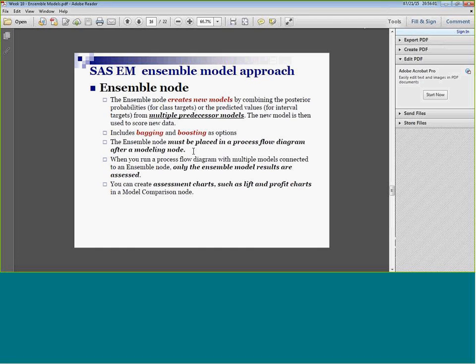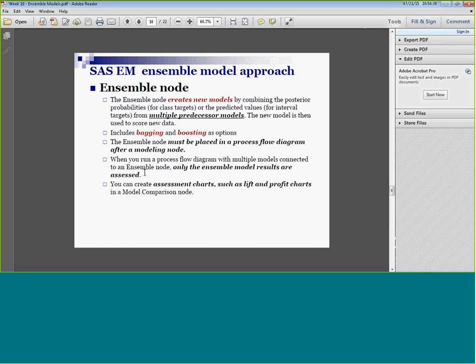It builds a model sort of by combining those models, and I'll show you that in a second with what's done in SAS. So when you run a process flow diagram, you have multiple models. Maybe you have a decision tree, a neural network, or regression, or 5 or 6 regressions, or 3 or 4 decision trees, all in your flow diagram, and you connect them to an ensemble node, then only the ensemble model results are assessed.